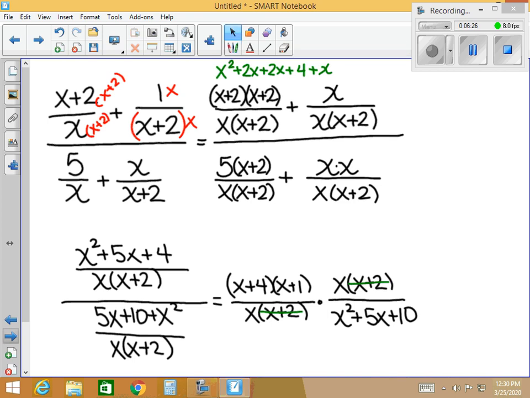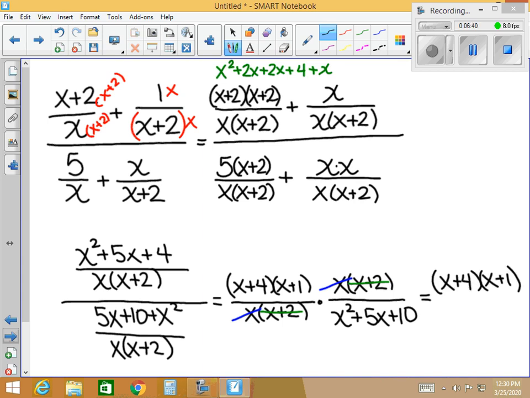So the x plus 2's are gone, those x's are gone, and x squared plus 5x plus 10 doesn't factor. It doesn't break down anymore. So on top I have x plus 4, x plus 1. On the bottom I have x squared plus 5x plus 10. And that's what my final answer is going to look like.